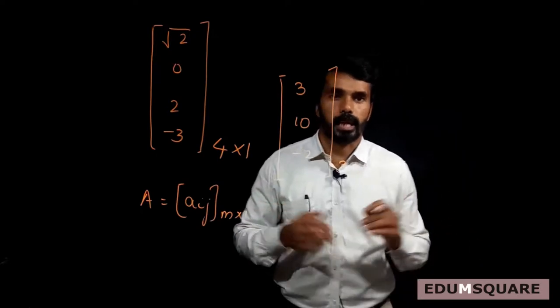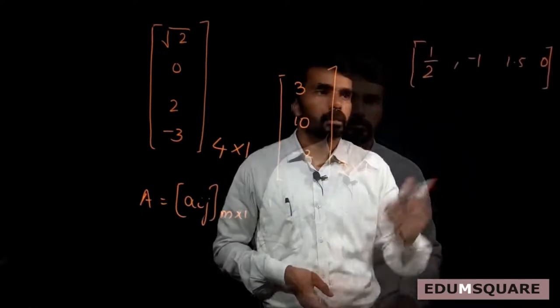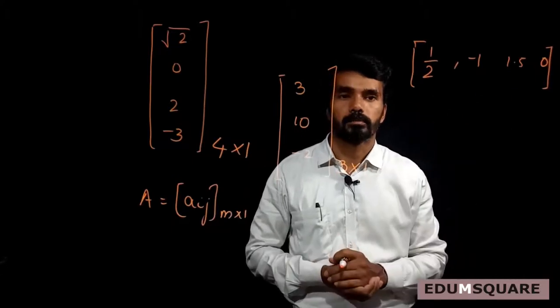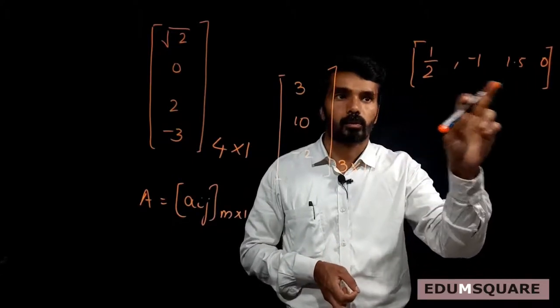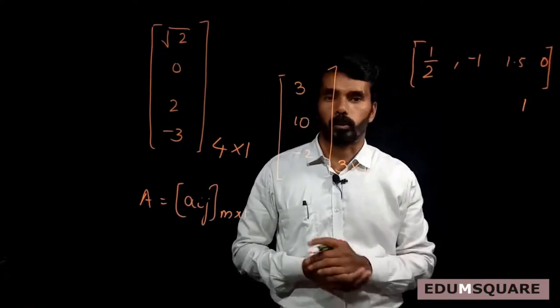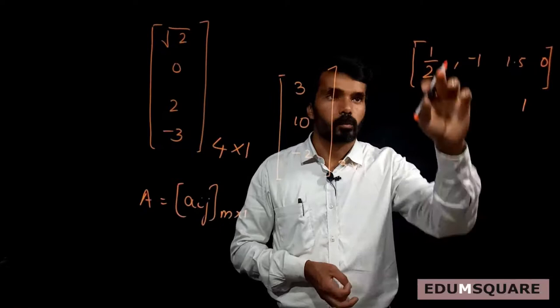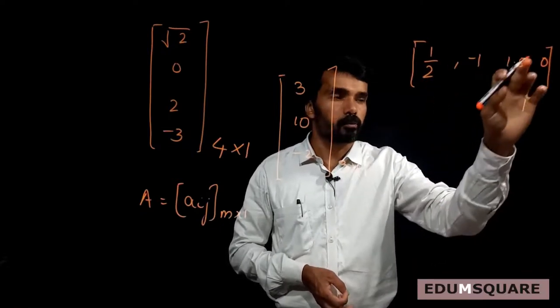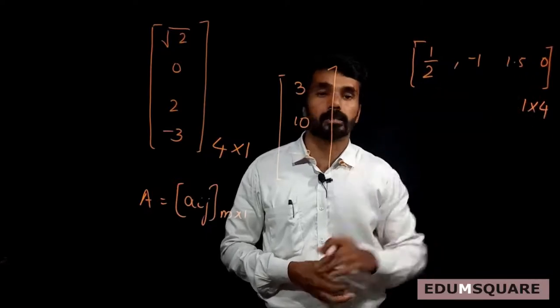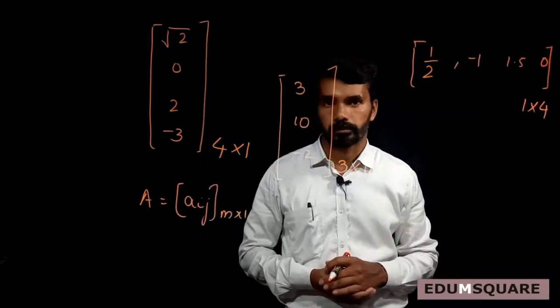Now let us consider another example. Consider this matrix. What is the order of this matrix? Yes, how many rows are there? Only one row. How many columns are there? 1, 2, 3, 4. There are 4 columns. So the order of this matrix is 1 by 4.